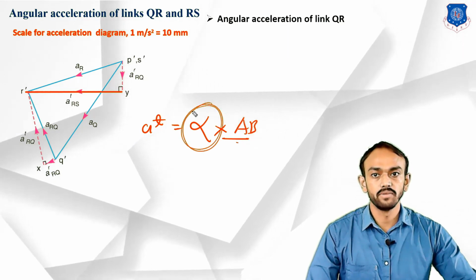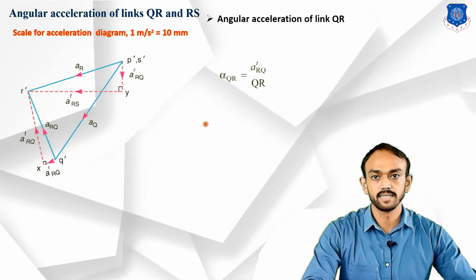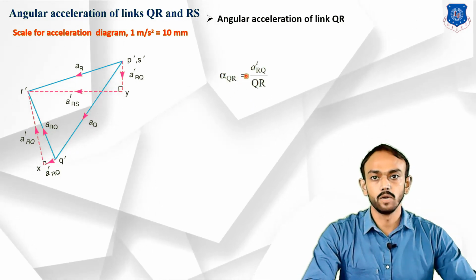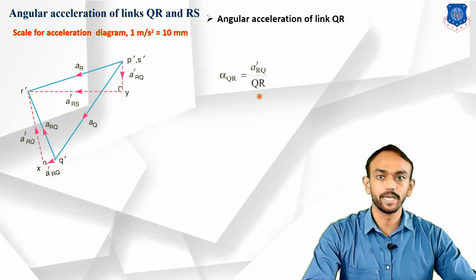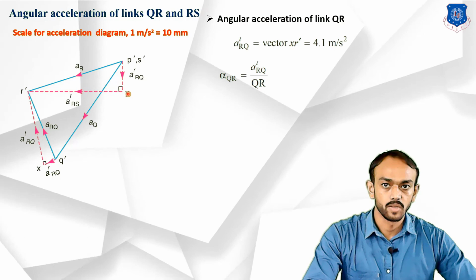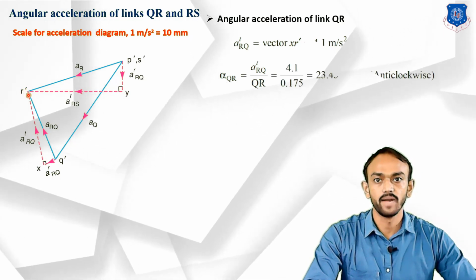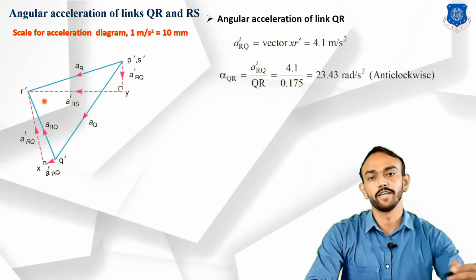So from this we will find this alpha. Alpha is equal to the tangential component divided by QR. We will measure this R dash Y here, or you can check X R dash here, and you will find the value of angular acceleration.